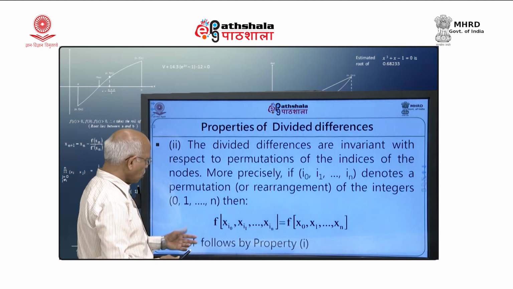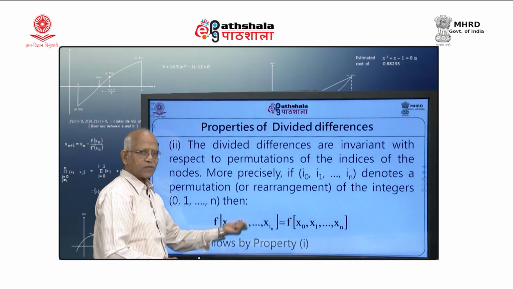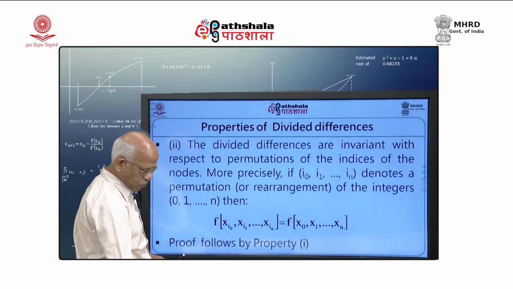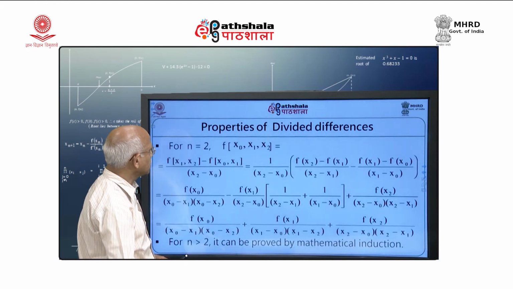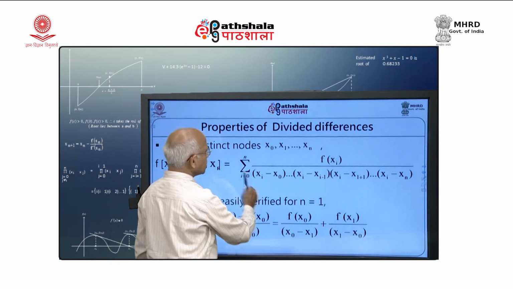So, the order in which you write these nodes does not affect the value of the divided difference, and that is evident from the first property, because the first property says you are summing up over all this.